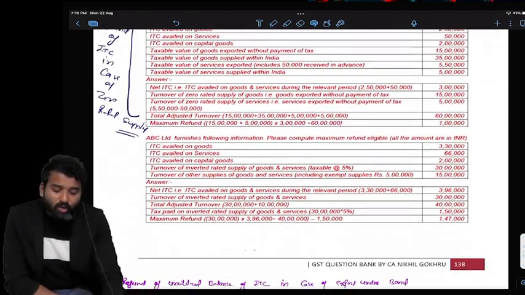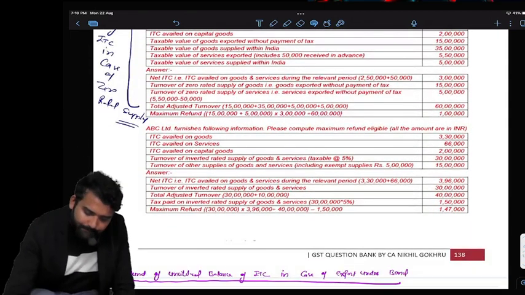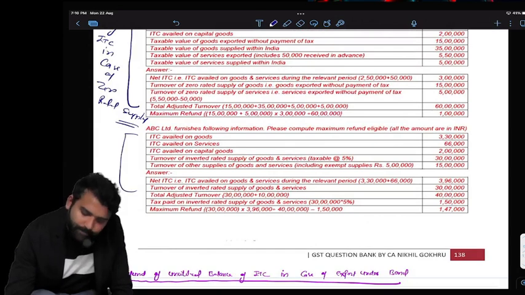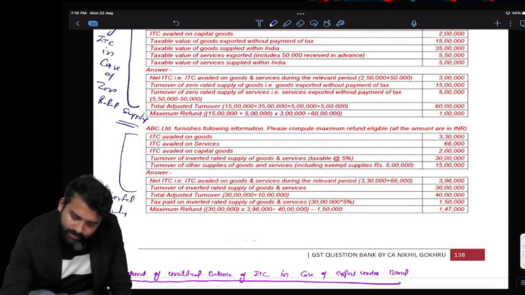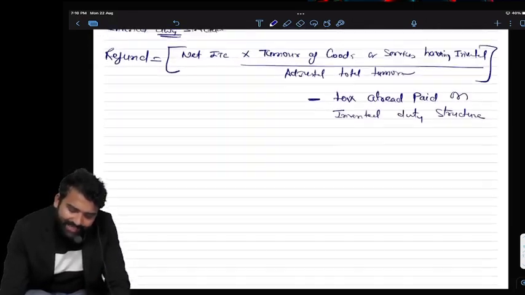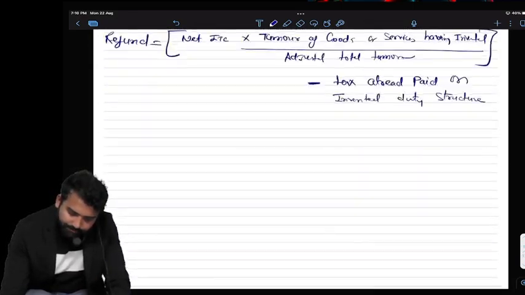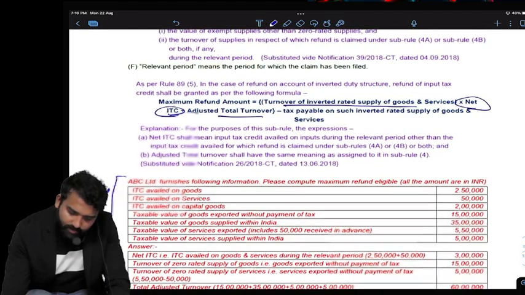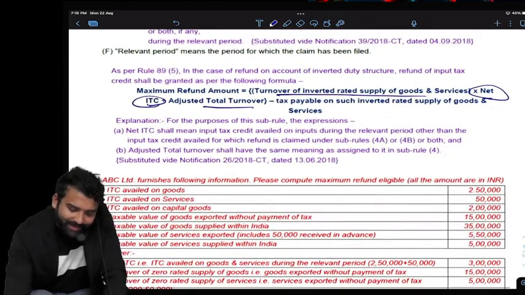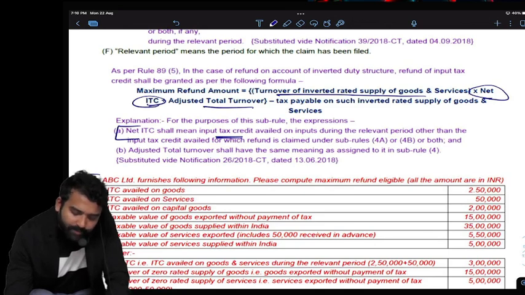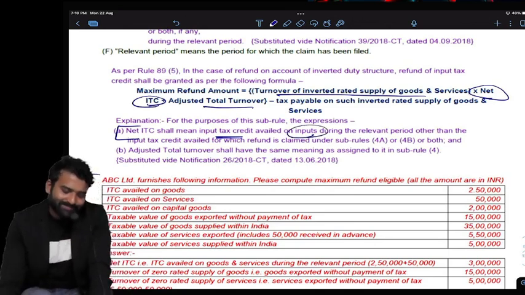I have also attached an example. Again, net ITC means ITC availed on inputs.